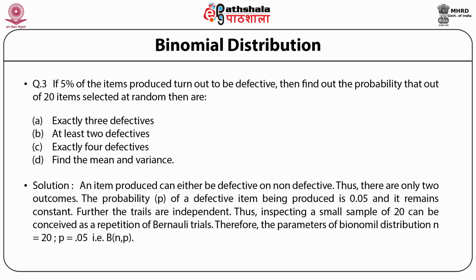Further, the trials are independent, thus inspecting a small sample of 20 can be conceived as a repetition of Bernoulli trials. Therefore, the parameters of the binomial distribution are: n is 20, p is equal to 0.05, that is, binomial distribution with parameters n and p.